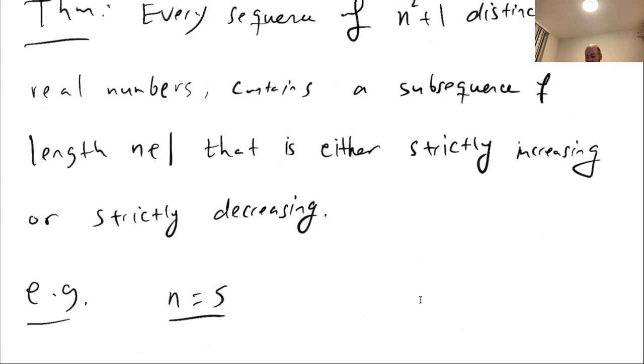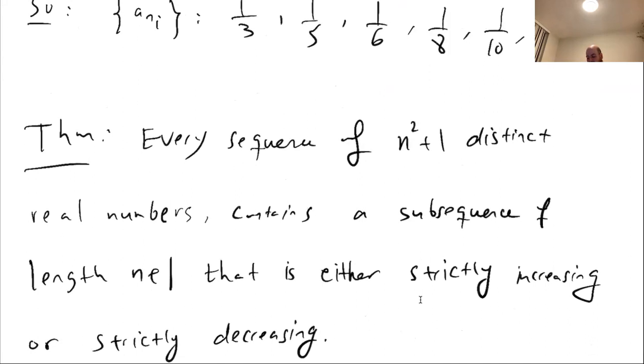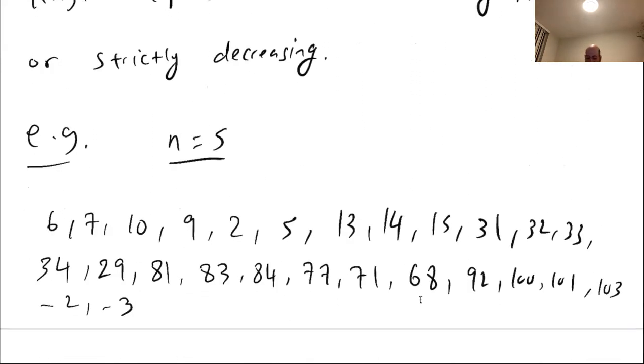So this theorem says any 26 elements that we have, doesn't matter which n squared plus 1 elements, we always have a subsequence of length n plus 1 that is either increasing or decreasing. In this case, n plus 1 is 6. So that means I will be able to choose 6 elements here that is either increasing or decreasing.